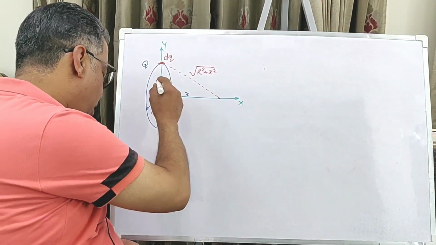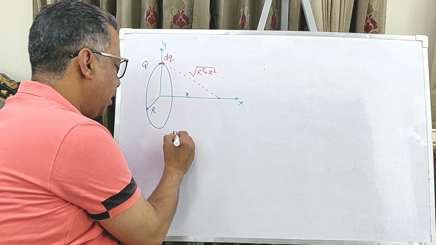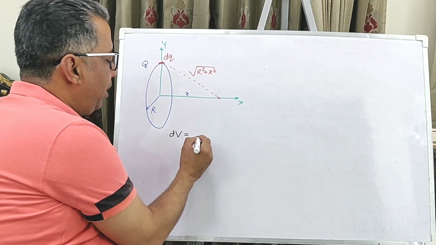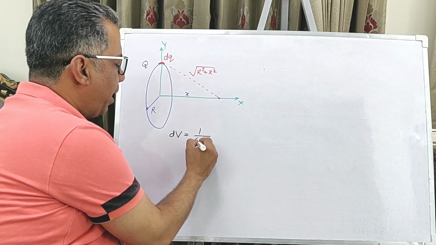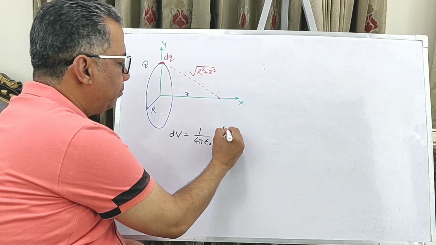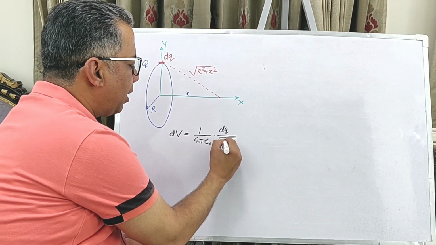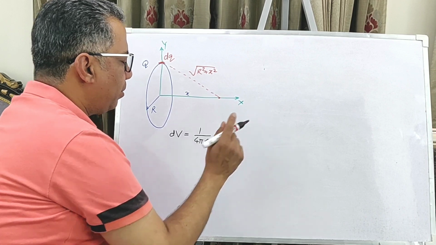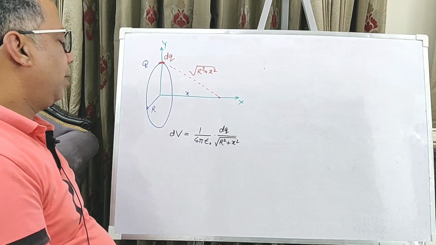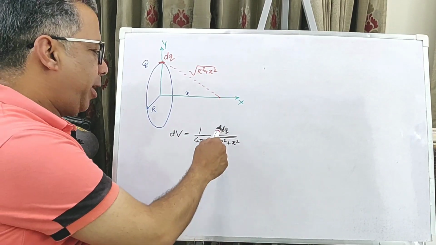Now the potential due to dq at this point, let's call it dv, will be equal to 1 by 4 pi epsilon naught dq by root of r square plus x square. I've used the formula for potential due to a point charge.